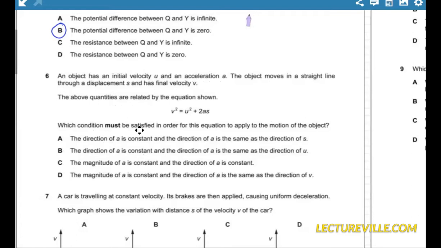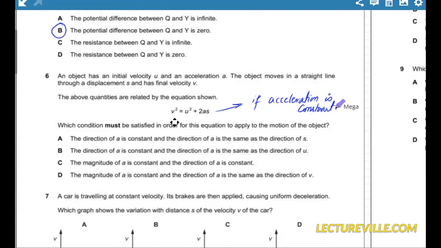Now, the condition for applying equations of motion is that these equations of motion, all of them, are only applied if acceleration is constant.